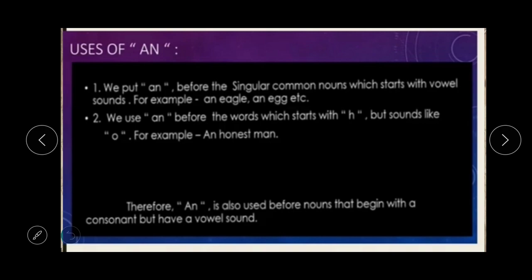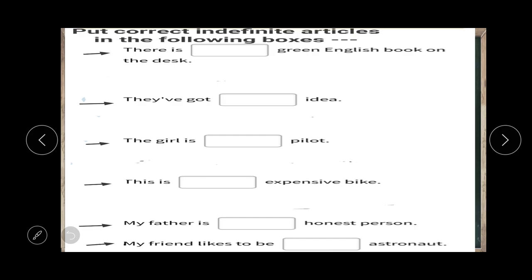So students, we shall discuss only this much today, and regarding the definite articles we shall start in tomorrow's class. Now students, in order to understand the indefinite articles more accurately, here I have listed one exercise for all of you, and the question of the exercise is, put correct indefinite articles in the following boxes.